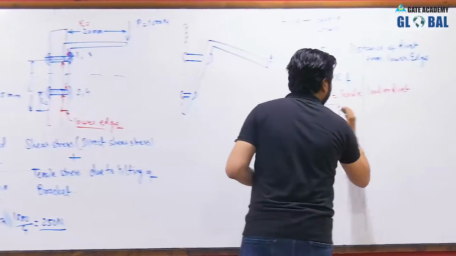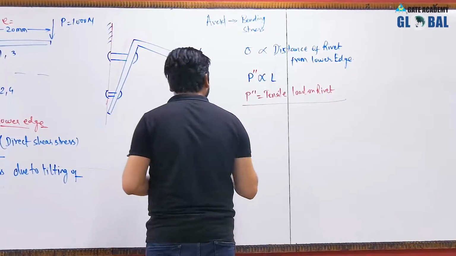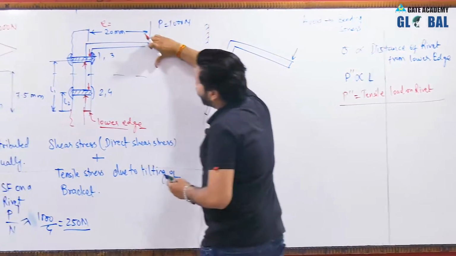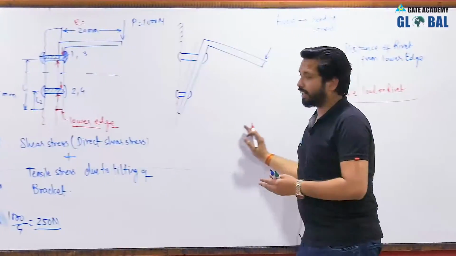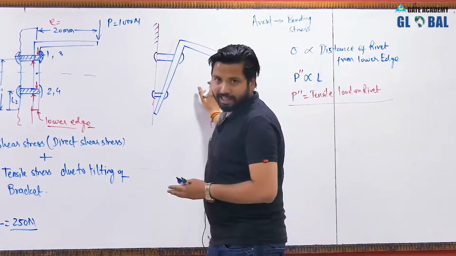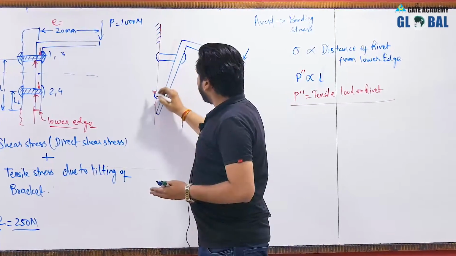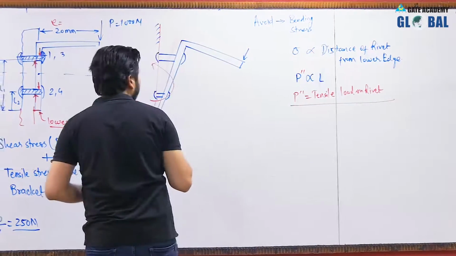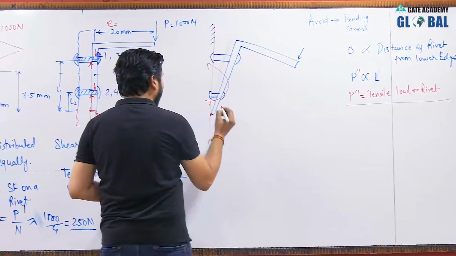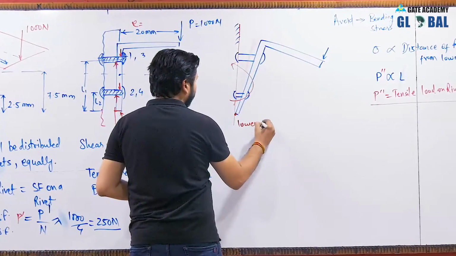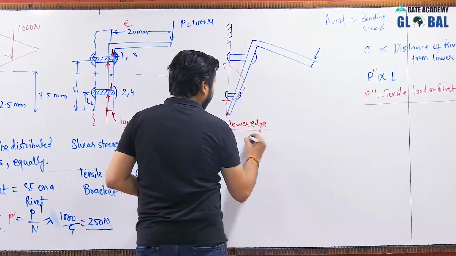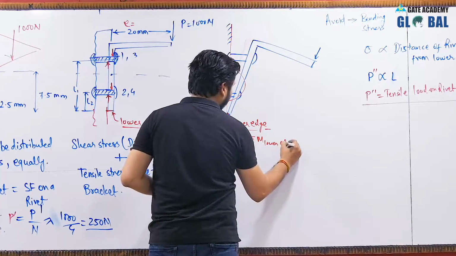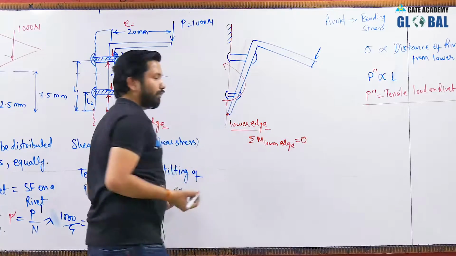So now this load is directly proportional to L. As you can see, the external load is trying to tilt the bracket. In order to stop the tilting, the rivet must produce a resisting moment. This resisting moment will be produced about the lower edge, so that the summation of moments about the lower edge will be equal to 0.